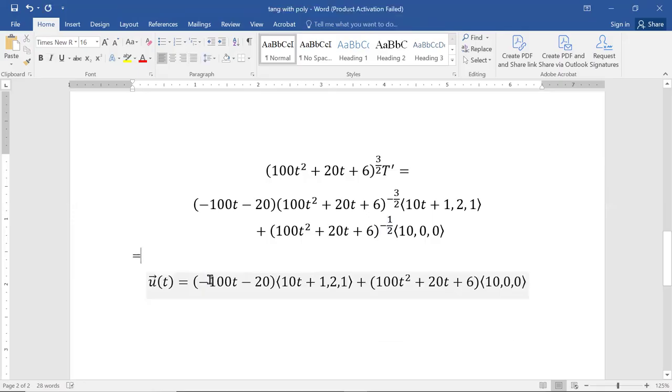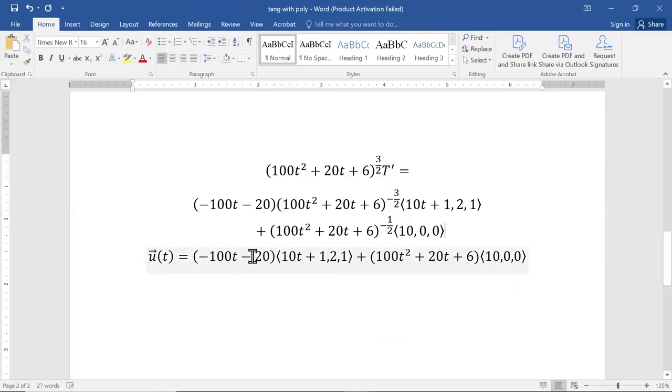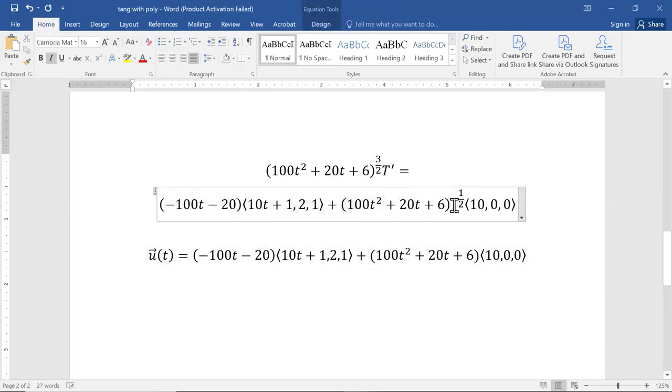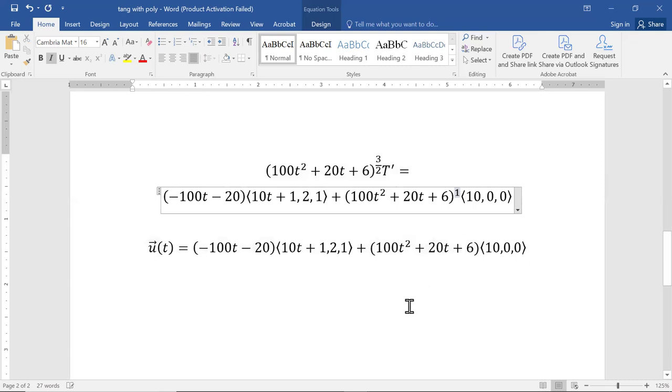I think that's a better way, maybe, to see it for most people. So I multiply, and when you do that, this goes away, and this exponent, 3/2 plus negative 1/2, becomes a 1.